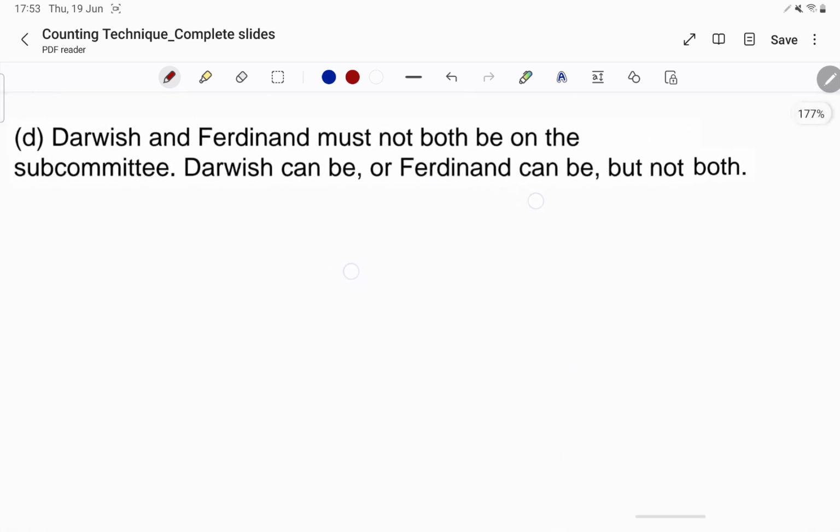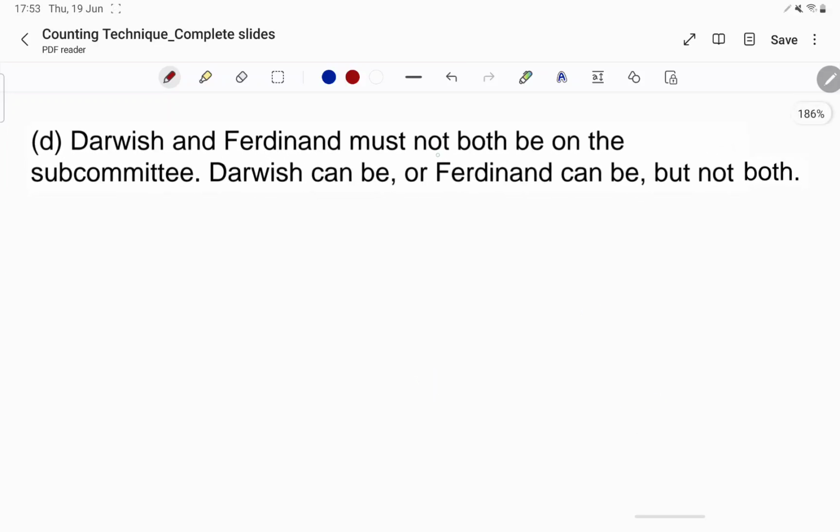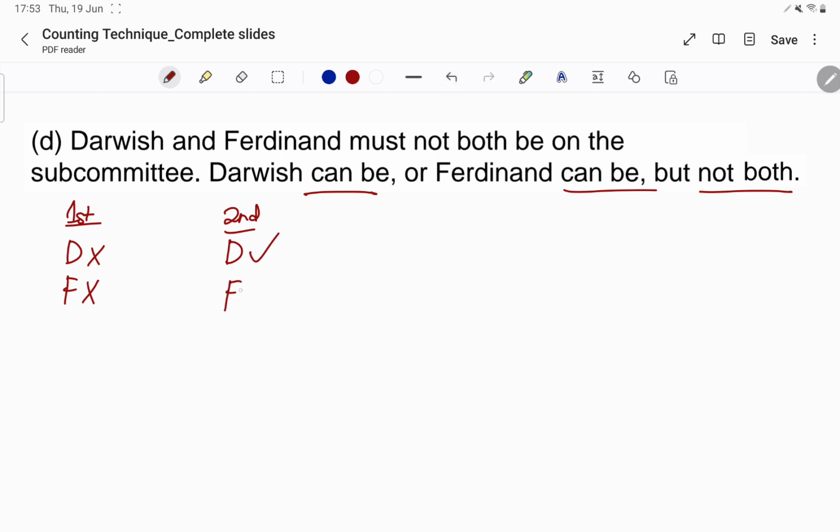Now we go for D. For D, they said Darwish and Ferdinand must not both be on the subcommittee. Darwish can be, Ferdinand can be, but cannot be both. So the first case is when neither Darwish nor Ferdinand is chosen. The second case is when Darwin can be in the subcommittee and Ferdinand cannot.